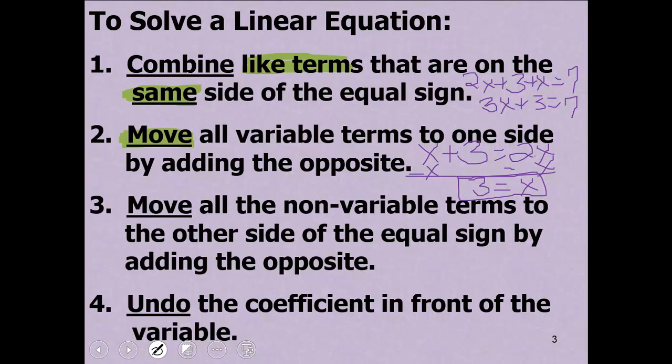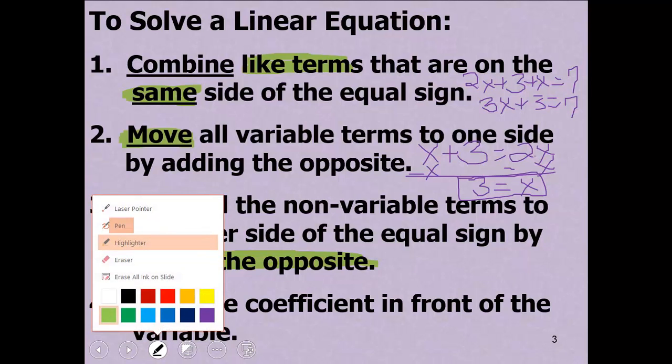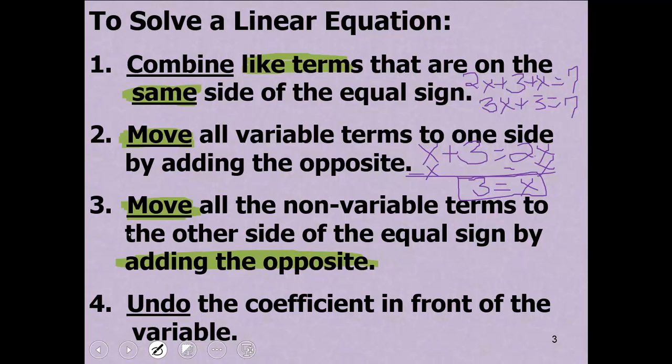All right, the third step is another move type of situation. We're going to move any non-variable on the same side as the letter away from it, so to the other side, again by adding the opposite. So this is going to look something like, I'm making this up, x plus 3 is equal to 7.